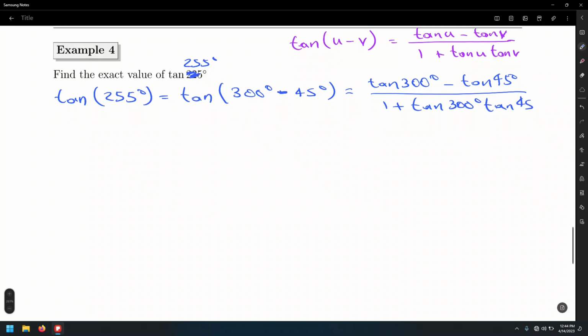Tangent of 300 degrees asks us to divide the y coordinate over the x coordinate of the point. So 300 degrees is, actually, in the third quadrant. That's y over x, negative 1/2 and negative root of 3 over 2. Oh no, 300 is in the fourth quadrant.